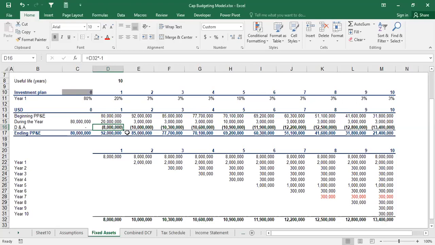So when you talk about cash flow, what does depreciation have to do with that? It's a non-cash item. Yes, it is a non-cash item. 8 million is not going to decrease my cash, but this 8 million is going to give me tax benefit because I will show it as an expense, and as a result, I will pay lesser taxes. So it is going to create a positive cash flow for me.